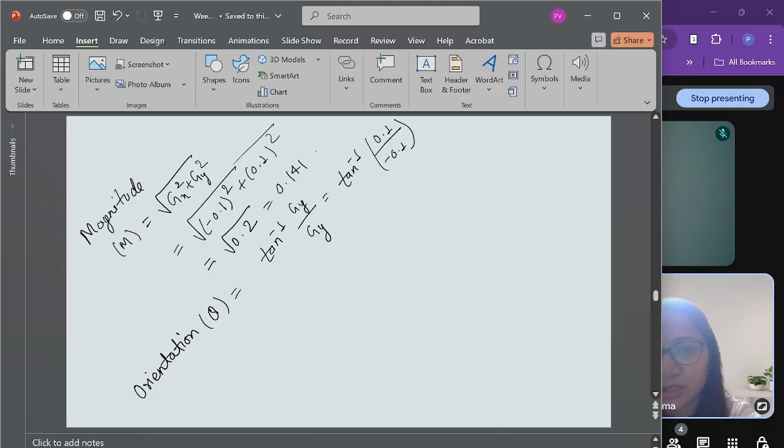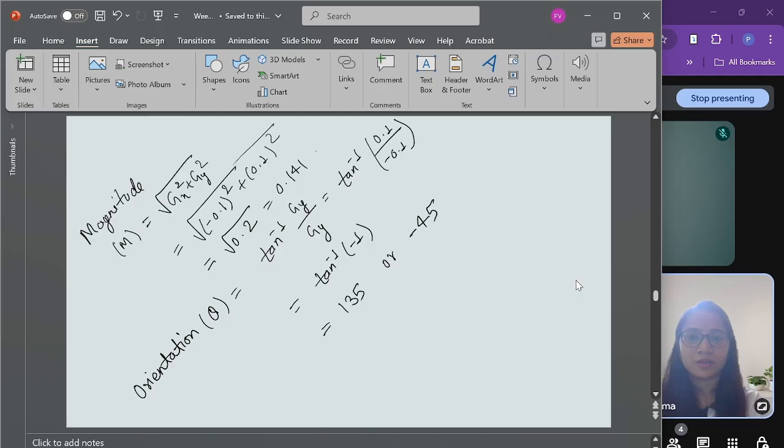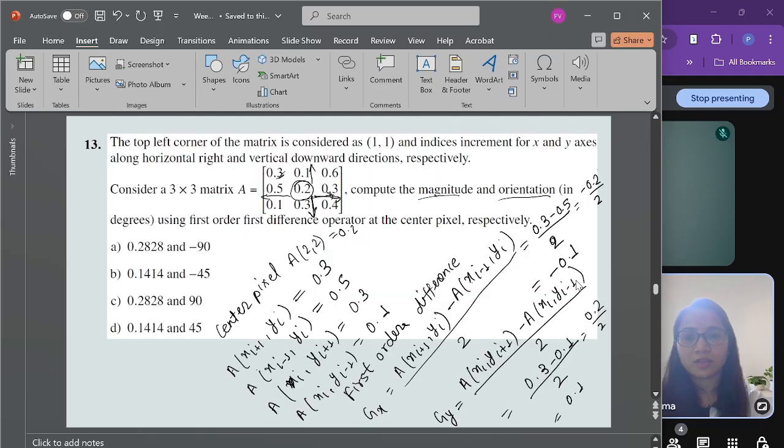So again here you will get tan inverse of minus 1, which is equal to 135, or minus 45. Okay, so the magnitude that you have got is 0.141 and the angle is minus 45. So just tick in the options, you will get option B is the correct answer for this question.